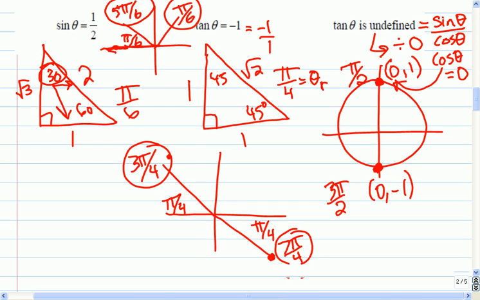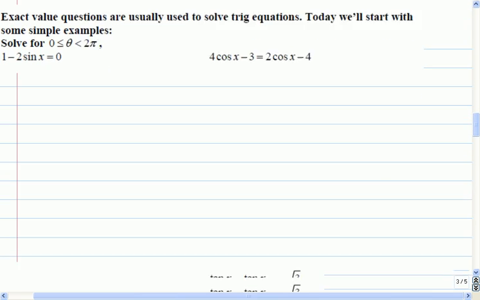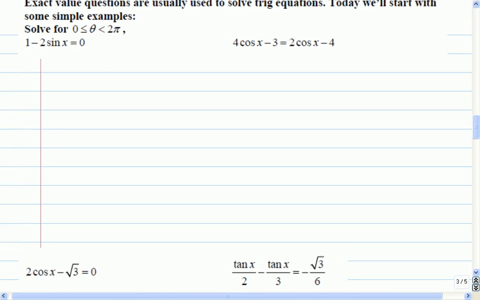So let's take a look at this. I'm just going to show you quickly here. I don't want to beat it to death because I think we're going to practice quite a bit, but basically when we work with these equations, it's exactly the same as what we just did. So let me show you what we just did.